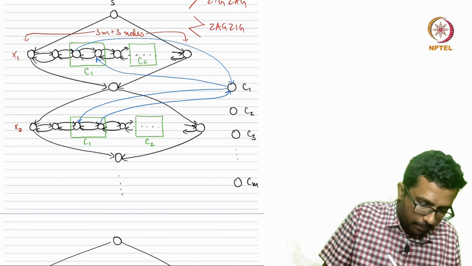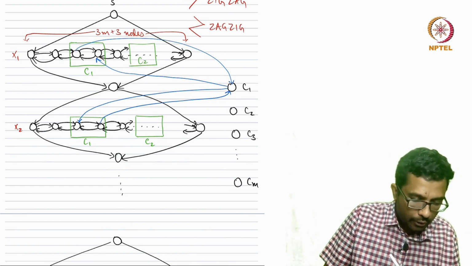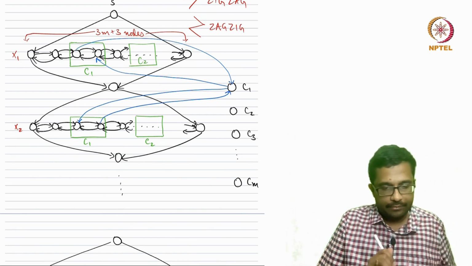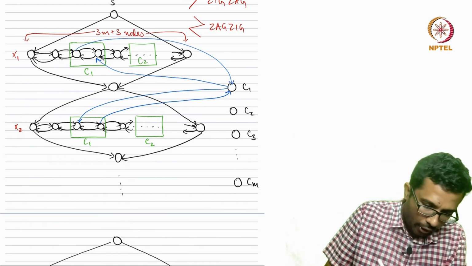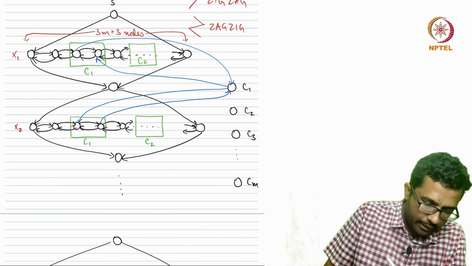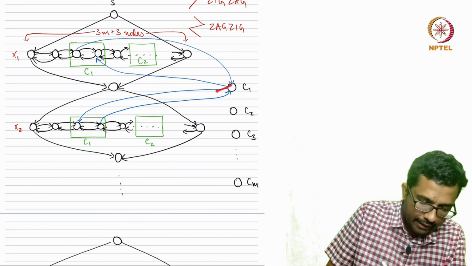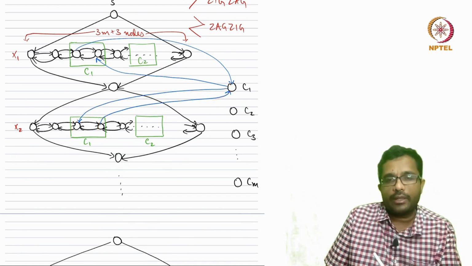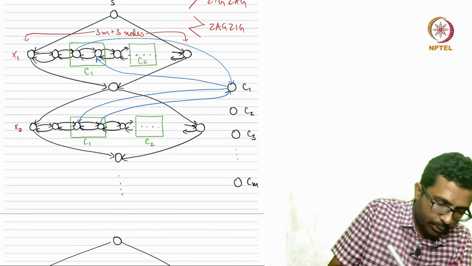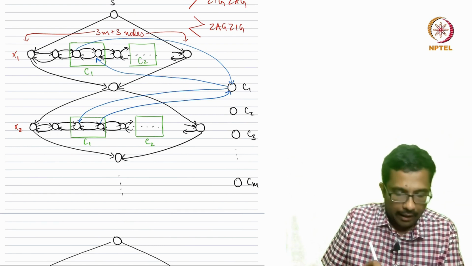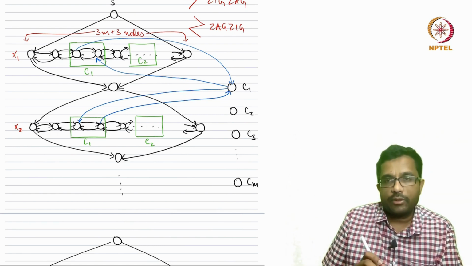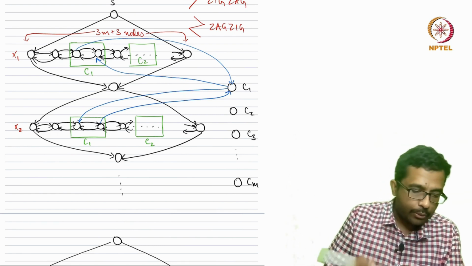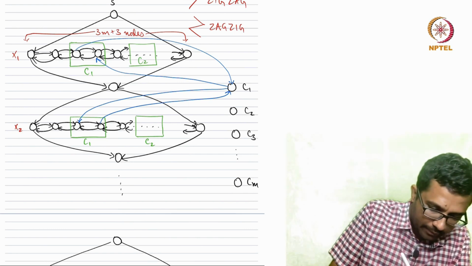And x2 complement appears in C1 because the order is reversed. The first vertex is receiving a directed edge from C1, and the second vertex is sending a directed edge to C1. So here x1 appears in clause 1 and x2 complement appears in clause 1. Now if x1 appeared in clause 2, you will have to connect something like this.